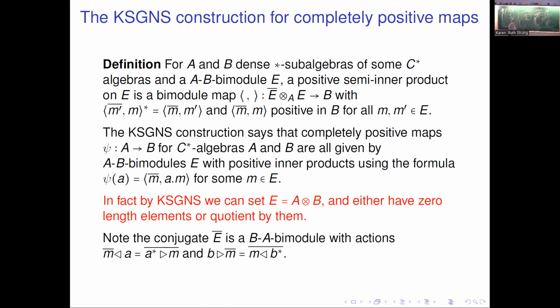Okay. So let's take a Hilbert space. And on the Hilbert space, I'll have my algebra A, which is going to act on the left on the Hilbert space. And if I take an element h of the Hilbert space, then I can define phi of a as being the inner product of h with a h.